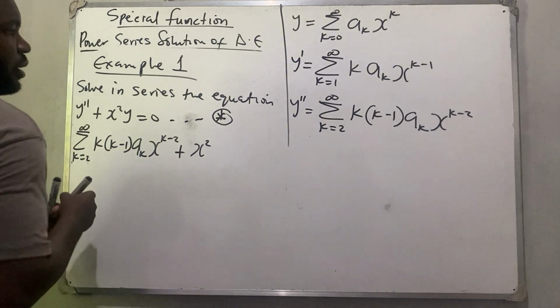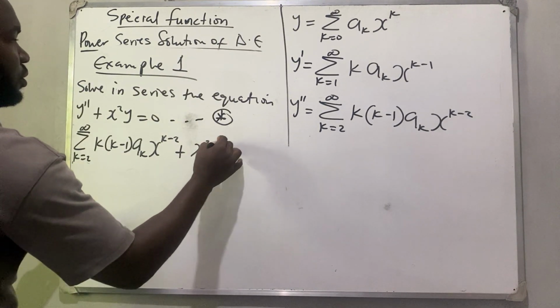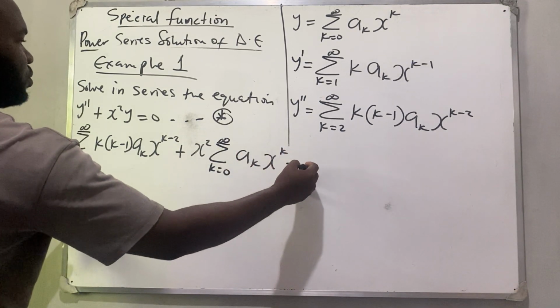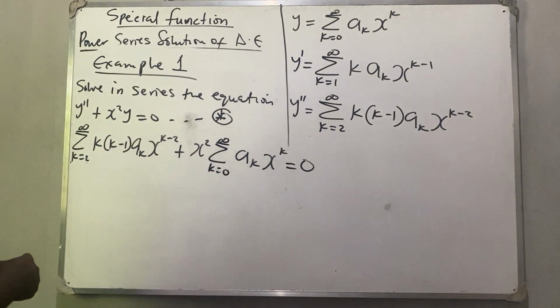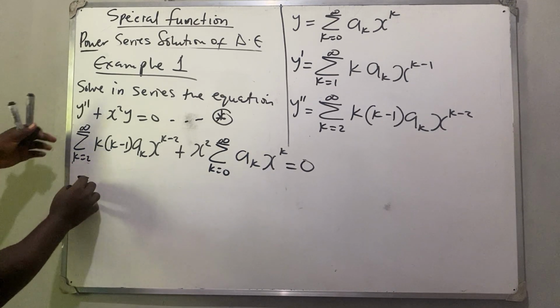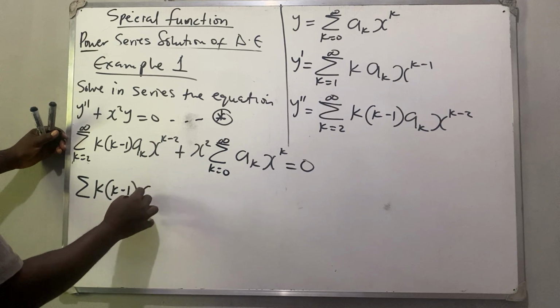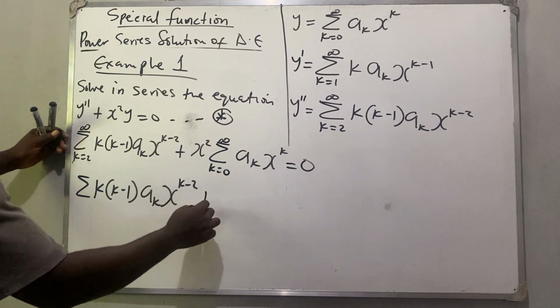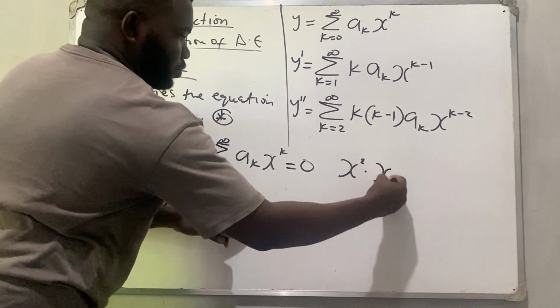Our y is the summation of k starting from 0 to infinity of ak x raised to power k is equal to 0. Okay, so let us clear this bracket. If we clear this bracket, we'll now do our last evaluation and then we have gotten the answer. So I have here the summation of k into k minus 1 ak x raised to power k minus 2 plus, now according to indices, x squared is multiplying x raised to power k.